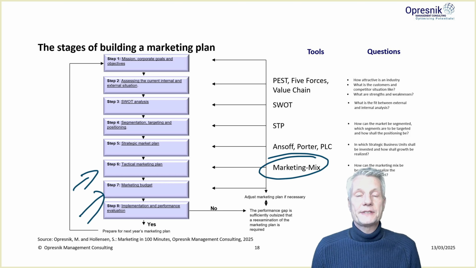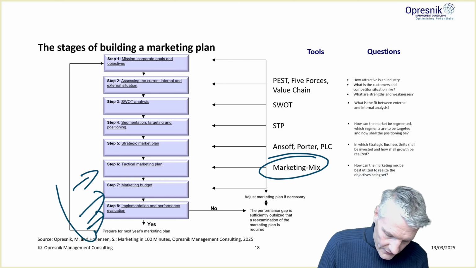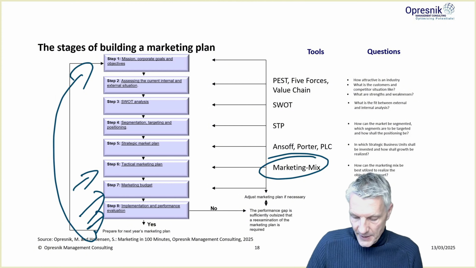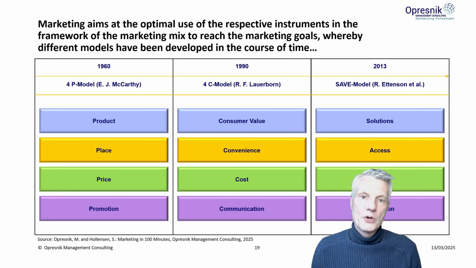And the 7th step is the marketing budget. Of course, we need some kind of expenses to realize the goals we set at the beginning, and we need to implement it, and we have the feedback loop to the beginning. So this is basically how a marketing plan looks like. And this is the last slide for today's session.